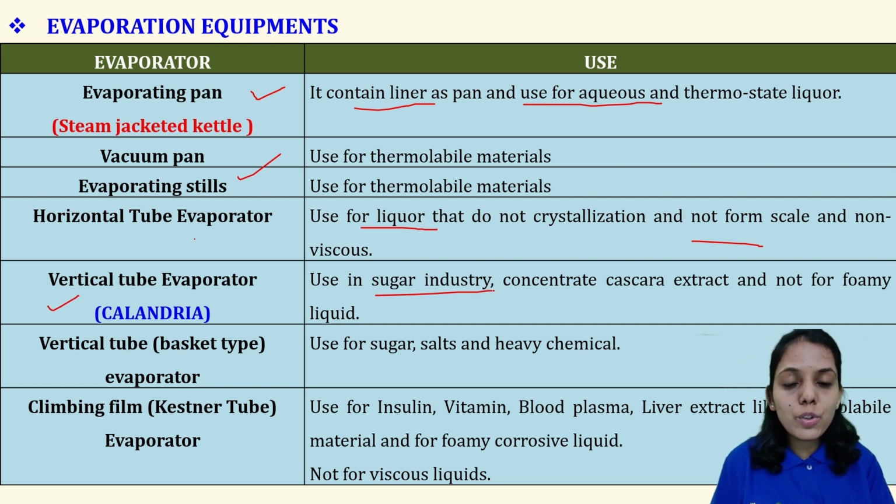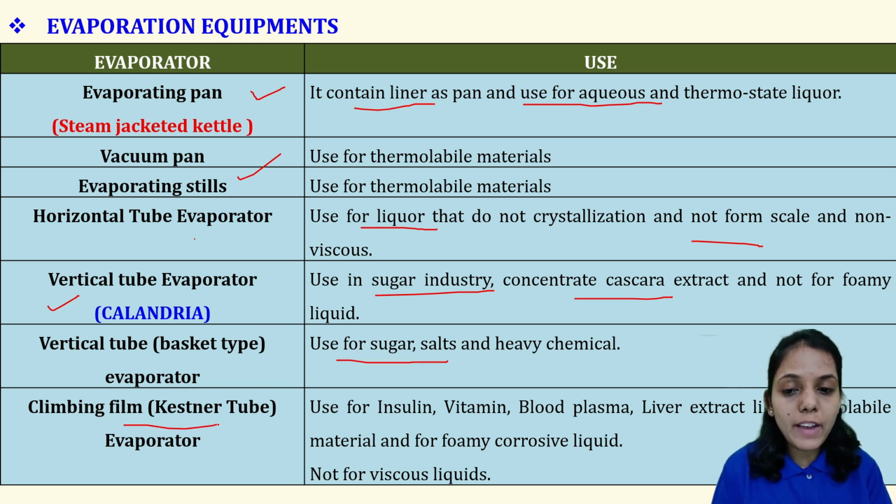It is basically used in the sugar industry, to concentrate cascara extract, and not for foamy liquid. If something is going to form foam after agitation, then for that reason it is not used. Another vertical tube evaporator is the basket type, which can be used for sugar, salt and some heavy chemicals. Climbing film, we have already seen.